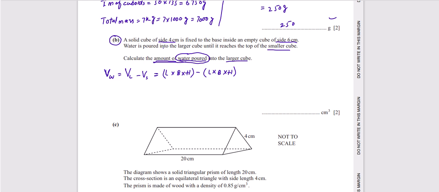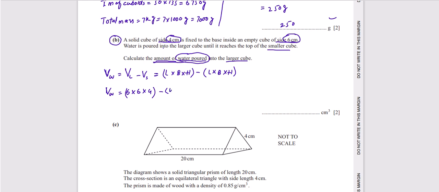So volume of water is equal to the length of the large cuboid is 6 and base is also 6, multiply height is 4, minus the small cube, all sides are equal, that is equal to 4.